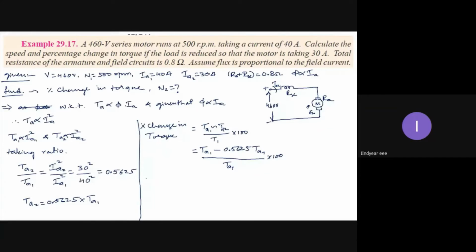Therefore change in torque is 1 minus 0.5625, which is 43.75%. So this is the change in torque.